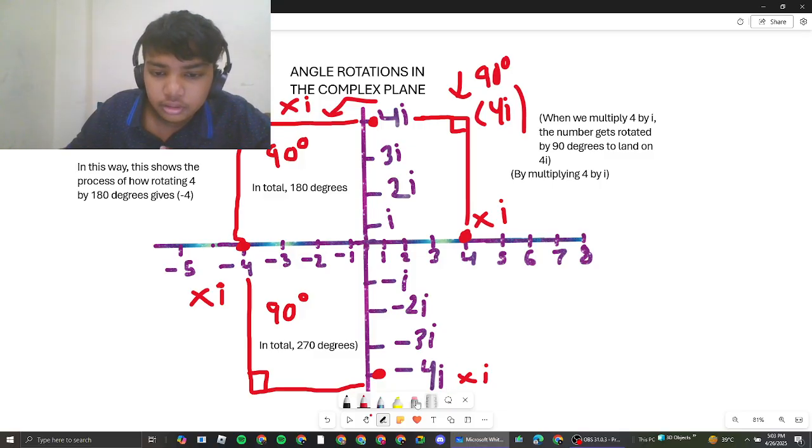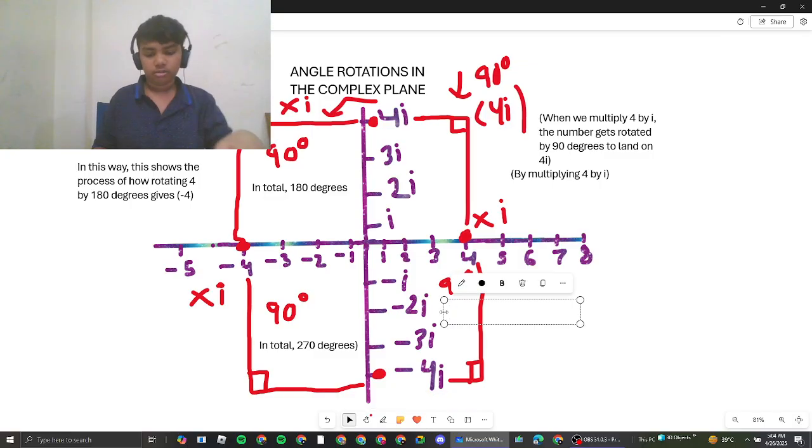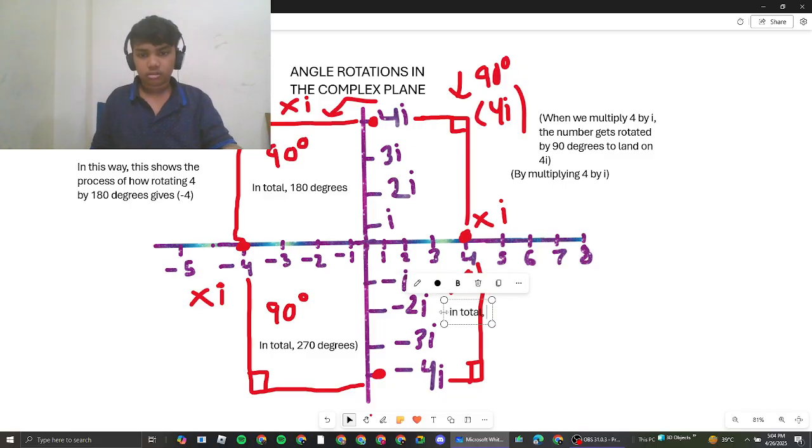So I'm going to go from here to here, which again shows a 90-degree angle. And guess what? This is 90 degrees, and in total 360 degrees.